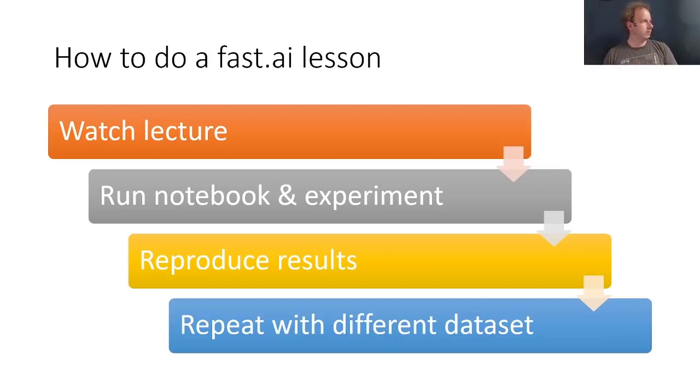Assuming you're doing the video, it means, obviously, watching the video, so there's a couple of hours. And then it means running the notebook, which we'll look at in a moment. When you run the notebook, you have the whole book with all of its code and all of its outputs there, and you're playing with it. You should experiment, right?